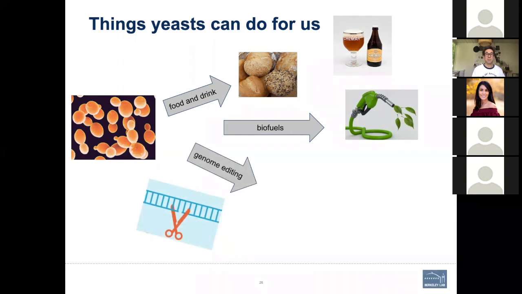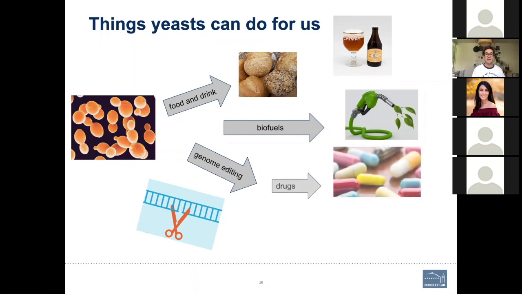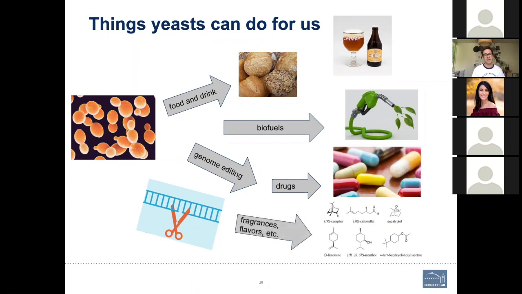Through modern genome editing tools, where we can introduce genes into the yeast that are not naturally found in them, we can get yeast to produce all sorts of useful drugs and medicines and dietary supplements and fragrances and flavors. And so with that, if there are any questions, I can take them, and otherwise we will get back to the experiment. Thank you.